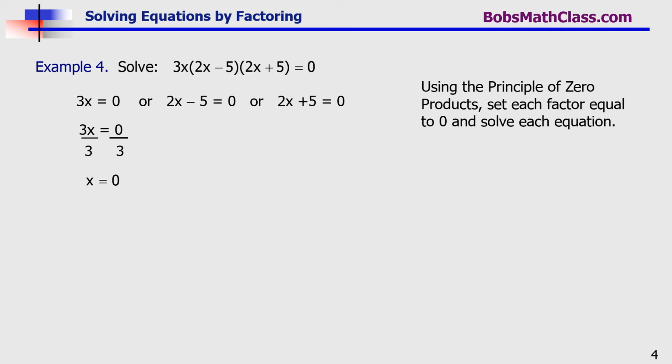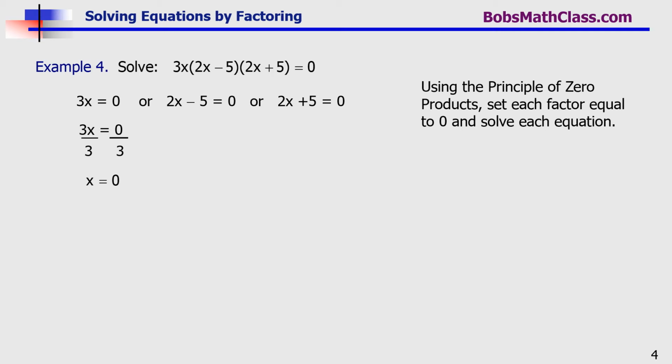So anytime we have an x with a number in front of it, like 3x or 7x, 12x, negative 5x, it's always going to give you a 0. If there's not an x, and you just have a number like 3, then 3 wouldn't equal 0.